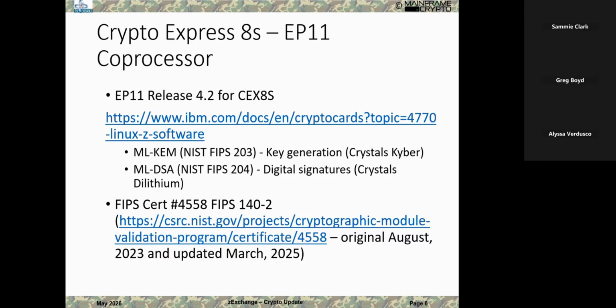The original EP11 card on the Z16 has been FIPS certified, although at the FIPS 140-2 level. That goes back to 2023, and then it was updated last year as well. But again, I'm going to talk about that a little bit more in a couple of minutes. We're going to look at FIPS a little bit more closely.